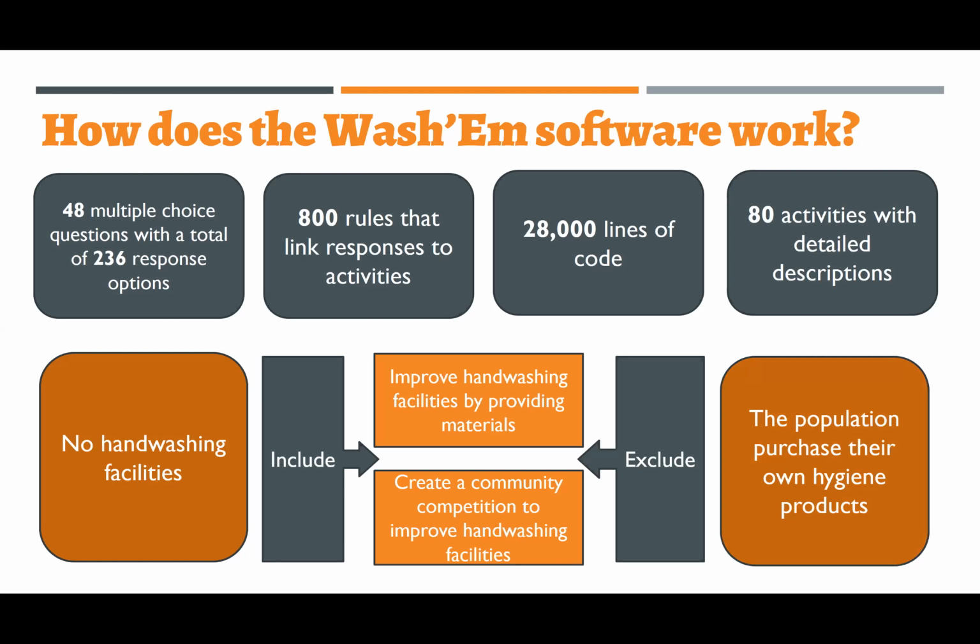And we might find that in our context, the population are typically responsible for buying their own hygiene products and building their own hand washing facilities. Now, if this is the case, that response would cause some of our options to be eliminated, and we would have just one recommendation related to infrastructure included in our results. And in this case, that would likely be creating a community competition to improve hand washing facilities.